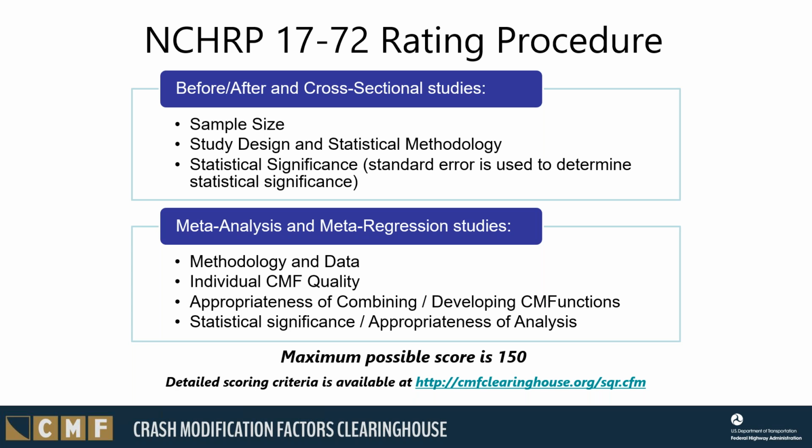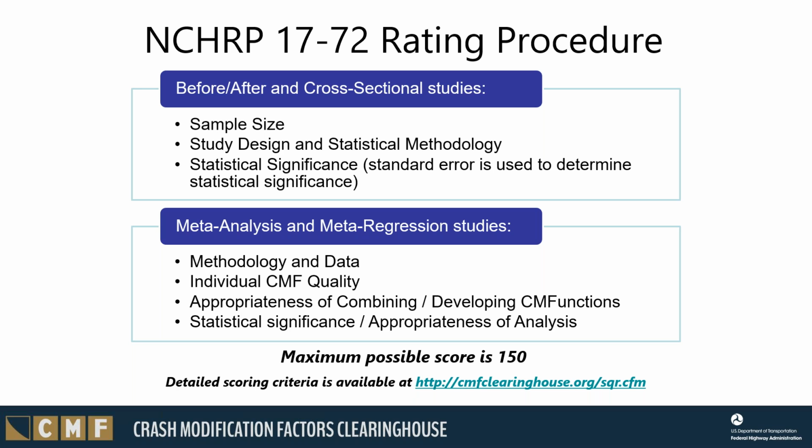To begin with, NCHRP 17-72 provides separate rating criteria for CMFs developed using before-after, cross-sectional, meta-analysis, and meta-regression studies. The ratings for before-after and cross-sectional studies consider factors such as the sample size, the study design, the methodology, and the standard errors of the CMFs to determine significance.